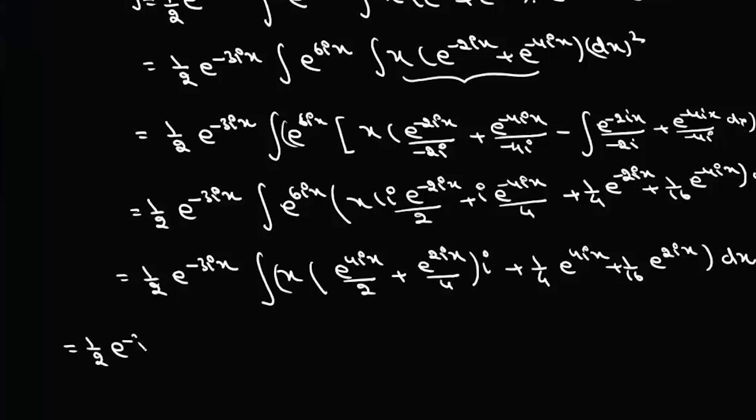e to the power minus 3 iota x, and here it will be x as it is, and then e to the power 4 iota x upon 8 iota.